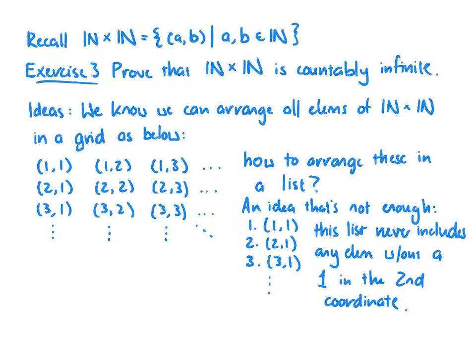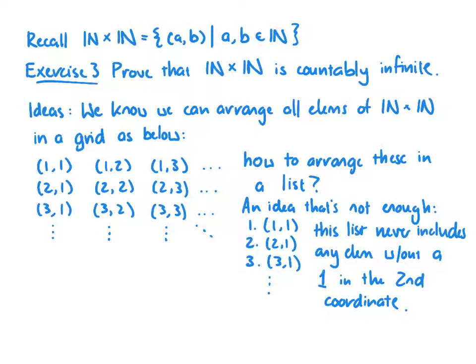Certainly this list would include everything in the first column in our grid, but it doesn't include anything else. So the question is, what's a way around this? How can we include things in other columns? You could try something similar with rows, but you run into the same problem. If we listed (1,1), then (1,2), then (1,3), then (1,4), we'd never end up listing anything that didn't have a 1 in that first coordinate.